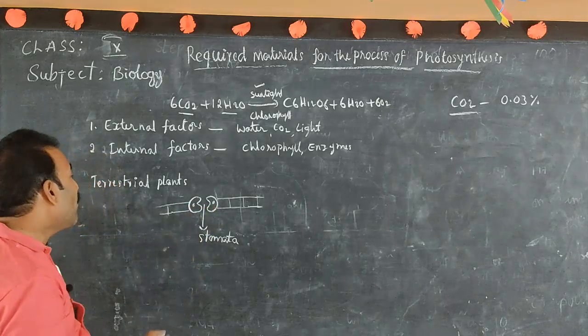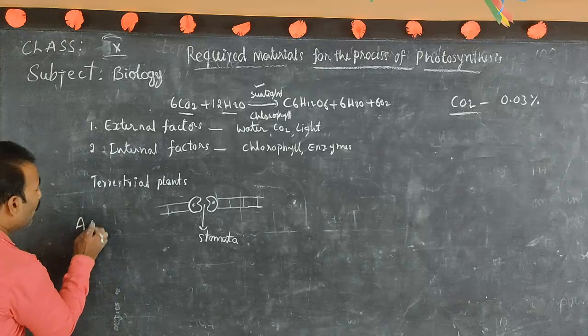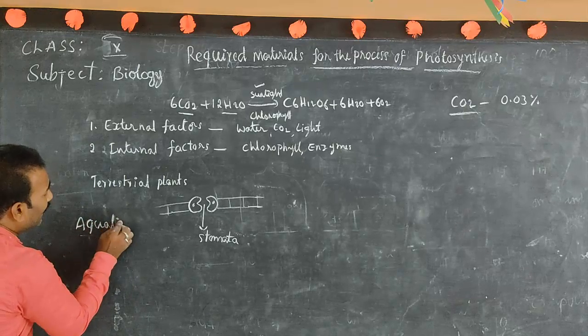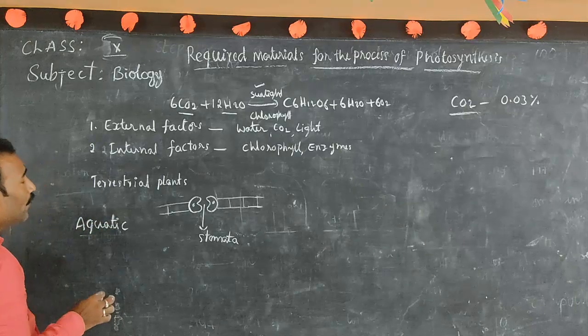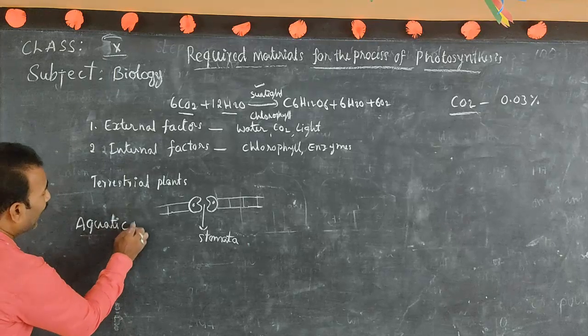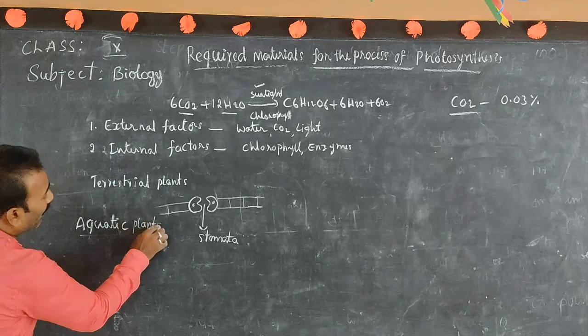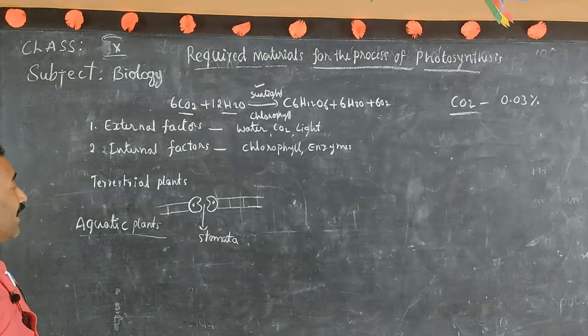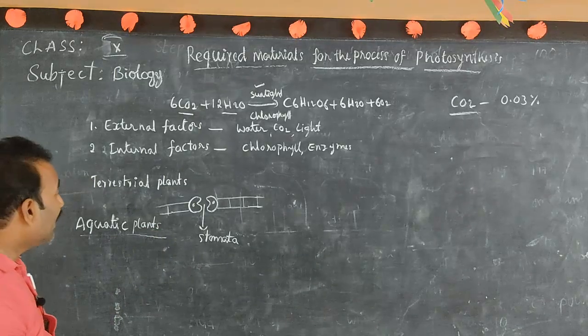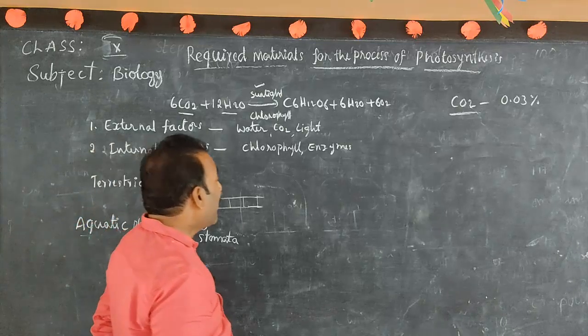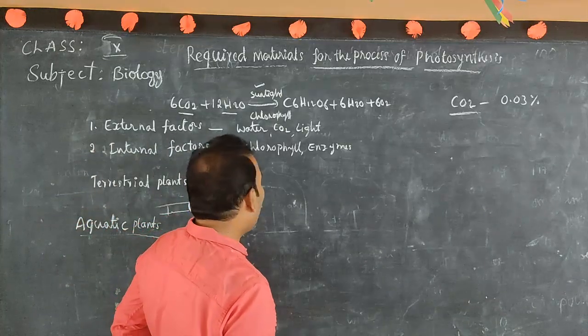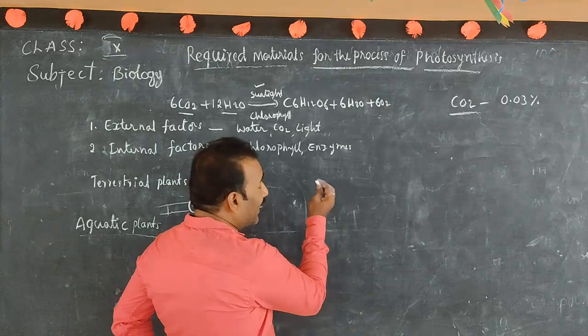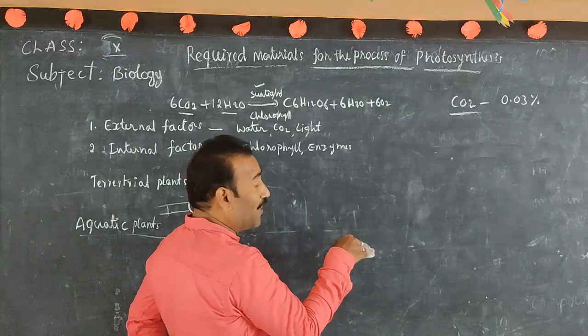But what about aquatic plants? Do you know what aquatic plants are? The plants which grow in water are called aquatic plants. How do aquatic plants get the required carbon dioxide? In aquatic plants, carbon dioxide diffuses from water into the plant body through their epidermis. Why? Carbon dioxide is well soluble in water.